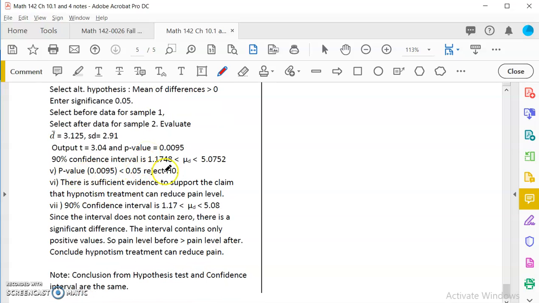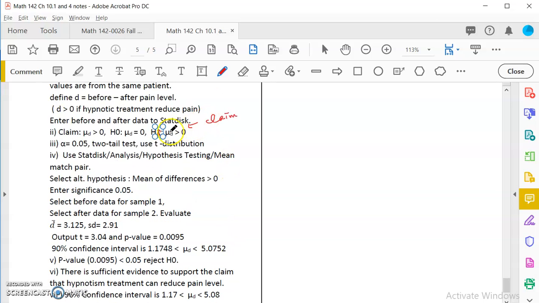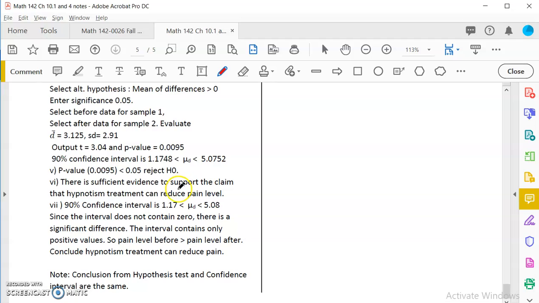So because it's a rare sample, we say there's sufficient evidence. And because our claim is in HA, the alternative, we say sufficient evidence to support, we use the word support, the claim that hypnotism treatment can reduce pain level. We also get the confidence interval. They're all positive.